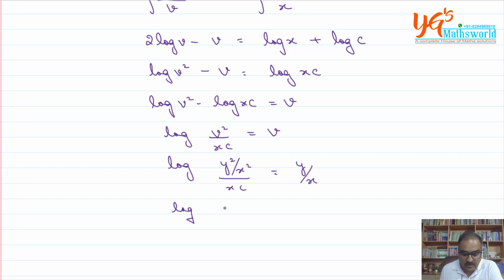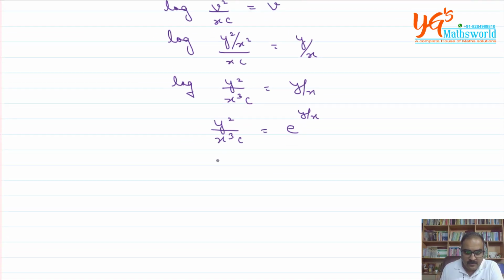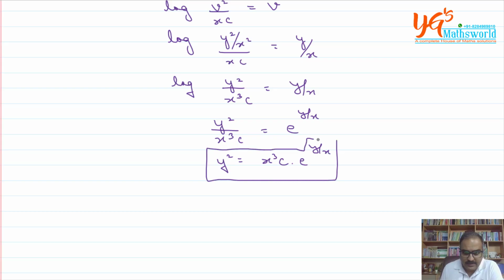So log of y square over x square into x cube c is equal to y upon x. If I take anti-log, it will be y square upon x cube c is equal to e raised to the power y upon x, or I can say y square is equal to x cube c into e raised to power y upon x. This is the final answer for this question.